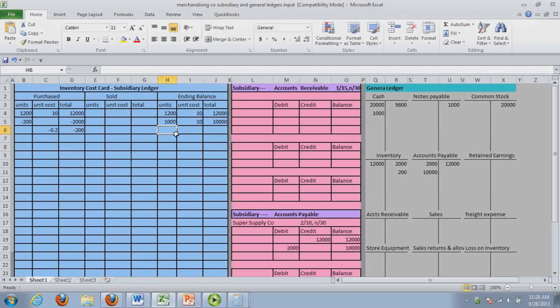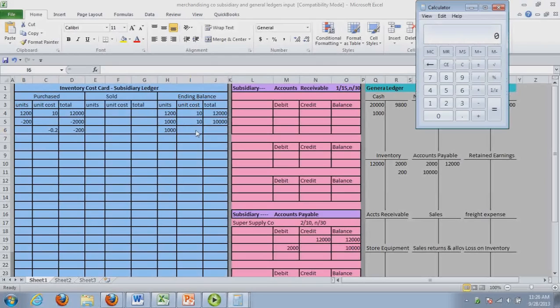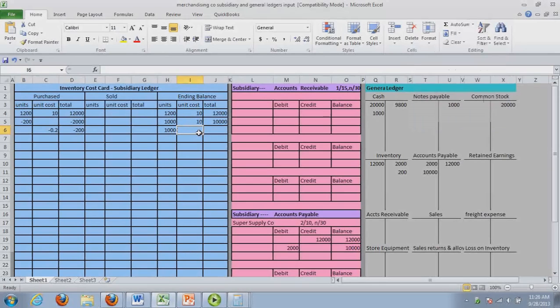If you bring the information forward, we've got the same units, so I'm going to repeat the units. It's cumulative, and then $10 less the 20 cents should give me $9.80. So I'm going to put in the 980, and if you do 1,000 times 980, you'll get the 9,800.